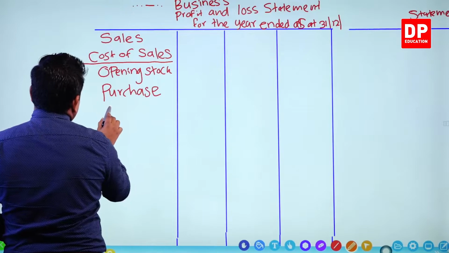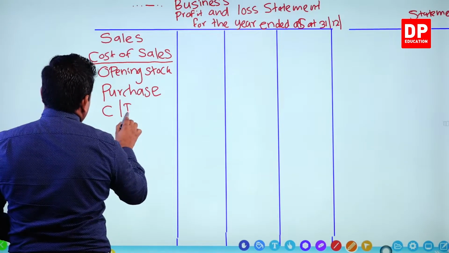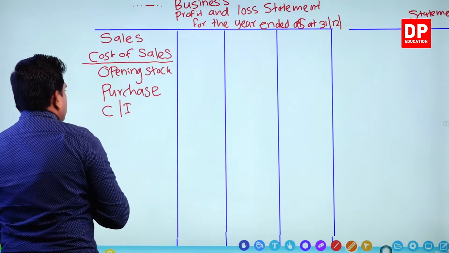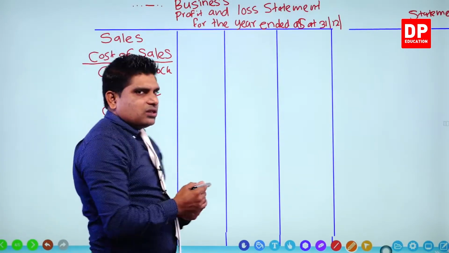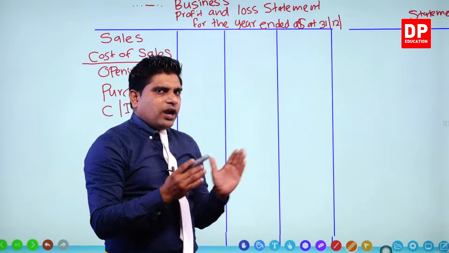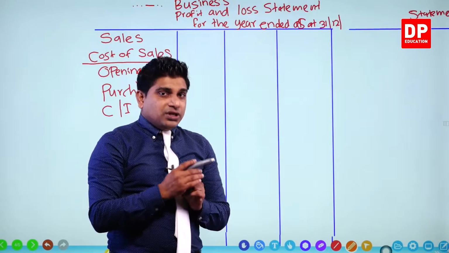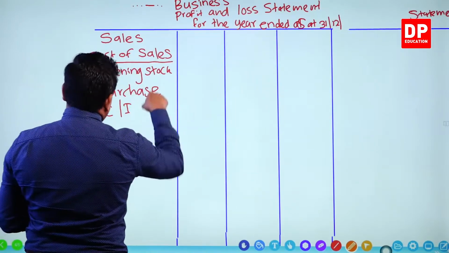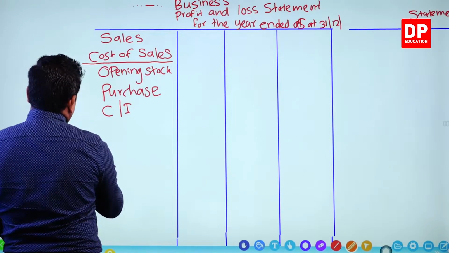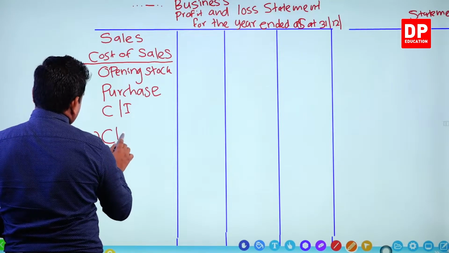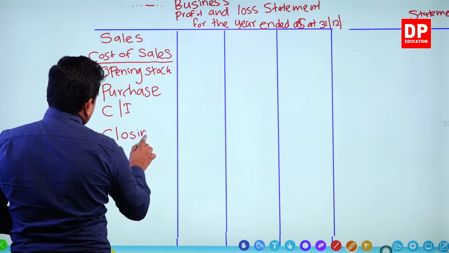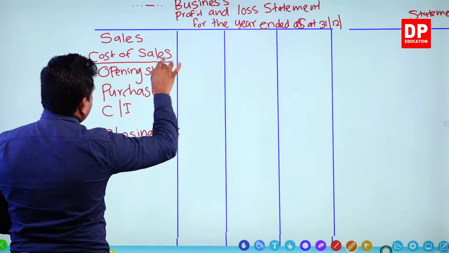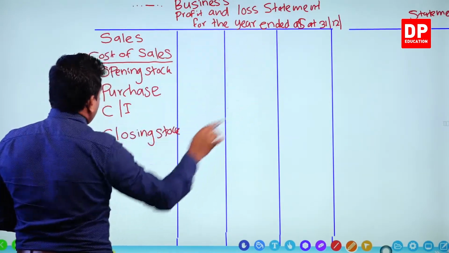Then carriage inwards, I use the short form CI. Only one expense we write under the purchases according to the given details, right? After adding everything, we minus what? Closing stock. Then you can see the cost of sales. Above you can see the sales, and the difference is gross profit.